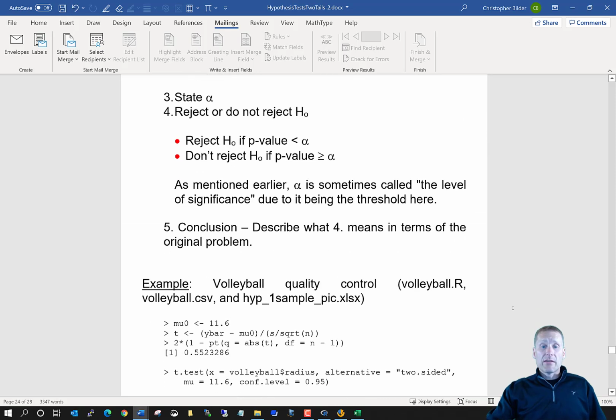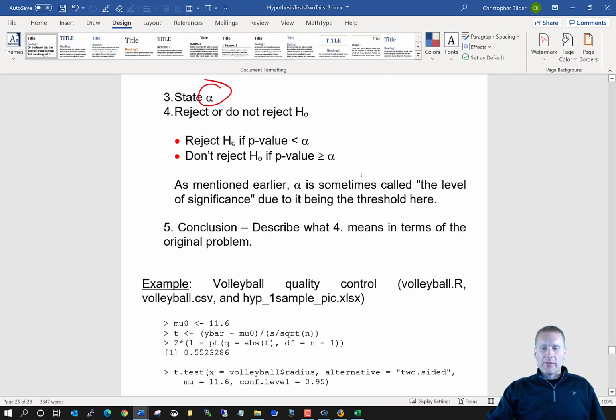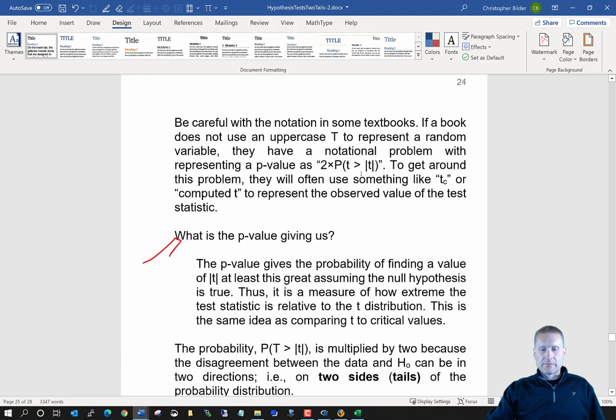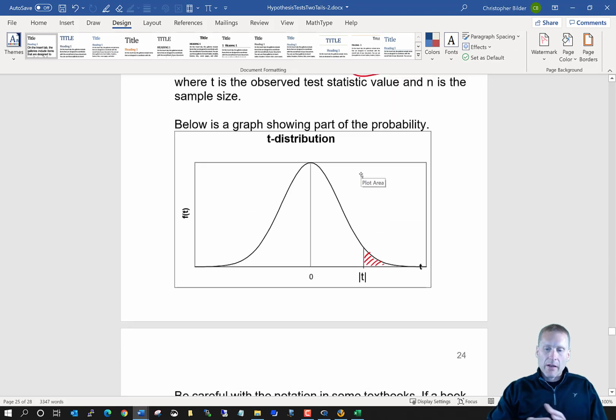Okay, so step 2, find the p-value. Step 3, state what your alpha is. This is our type 1 error rate. Remember what that is actually doing. If we come back up here, perhaps if I think of it in terms of a critical value, I'm finding a value there.